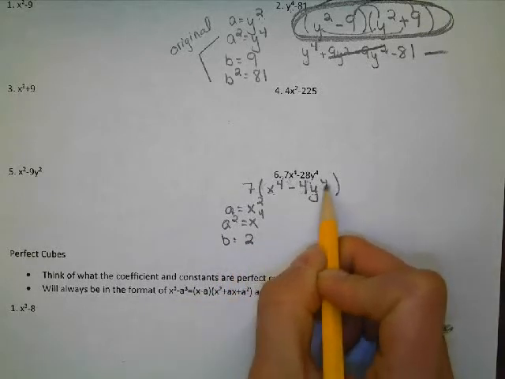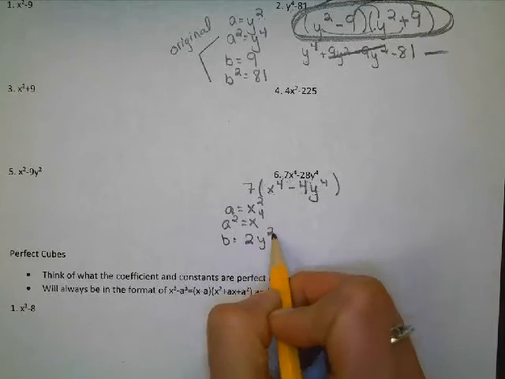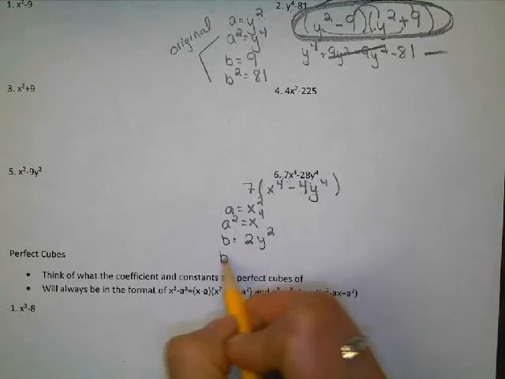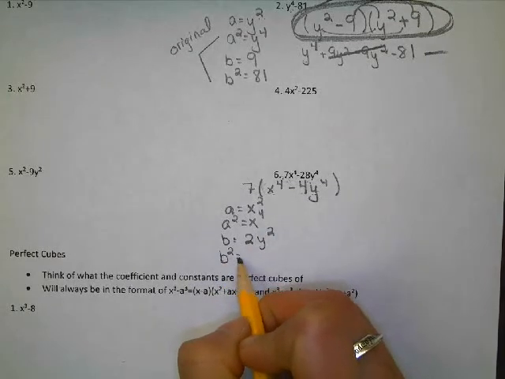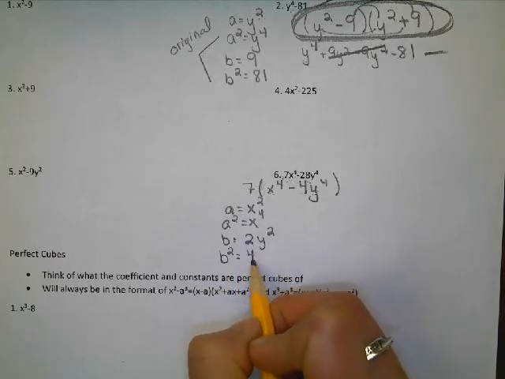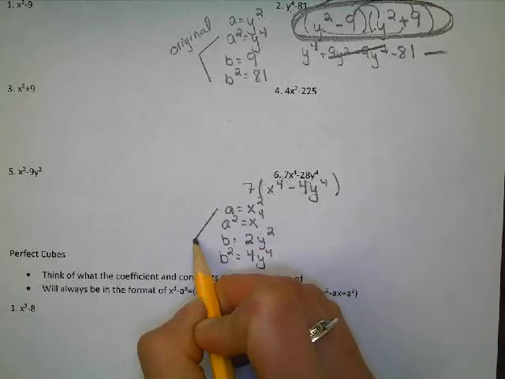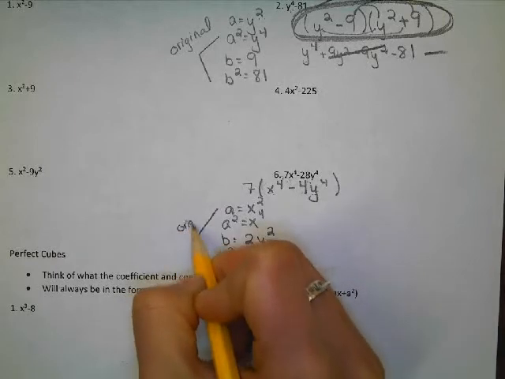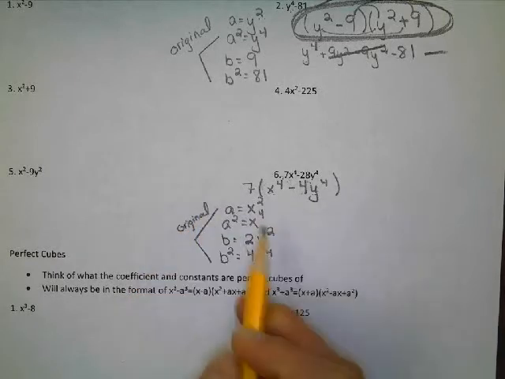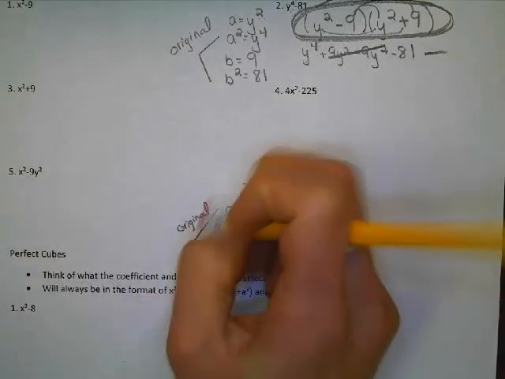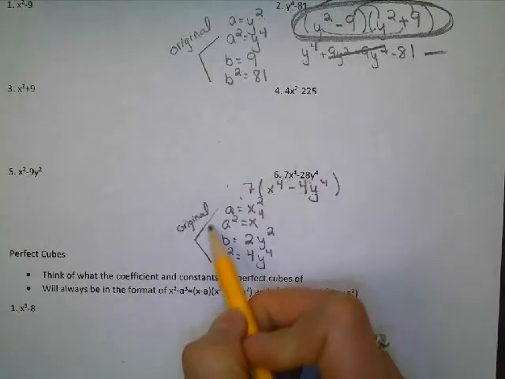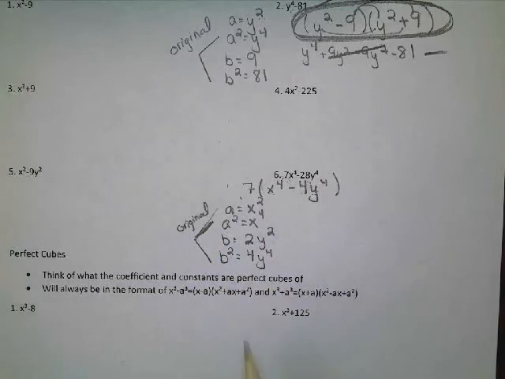And then this y to the 4th part, again, that's a perfect square of y squared. So then if I square that back, 2 squared gives me 4, and y squared squared gives me y to the 4th. So that matches my original. And again, then, a squared and the b squared match my original.